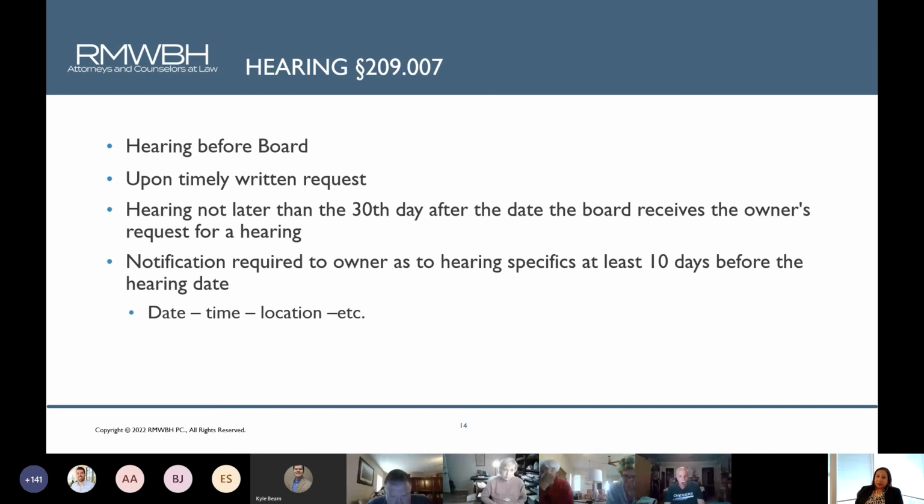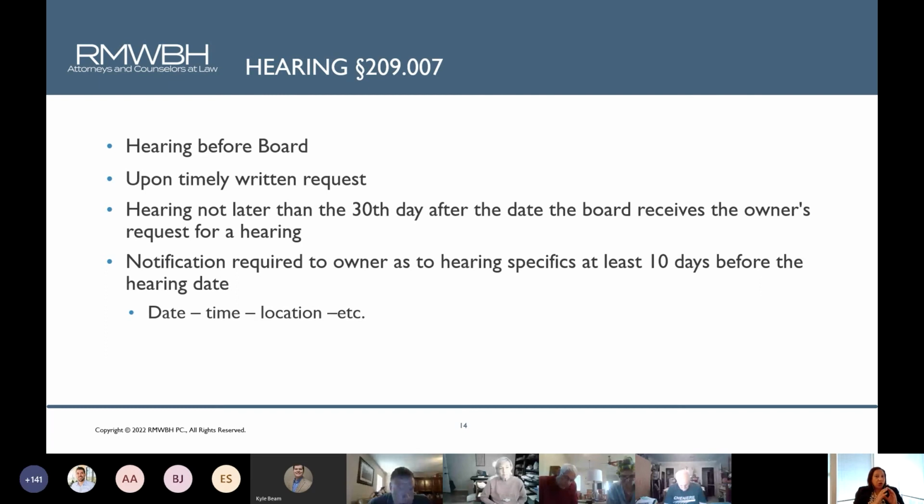And we won't have really time to get into the nitty gritty about the hearing, but the hearing requirements for the 209 hearing have changed under a compliance or a common area usage suspension issue. Now it's like a mini trial. So again, work with your legal team and your managing agent to understand what that means.